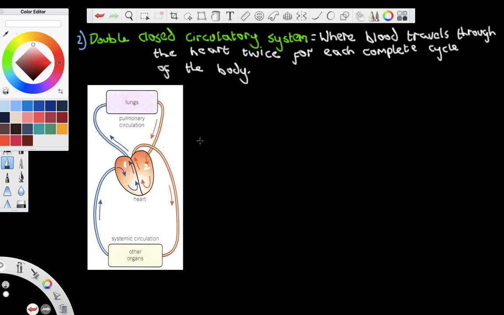Now, in this, blood only travels through one set of capillaries, and therefore there is a high concentration gradient and high pressure is maintained.